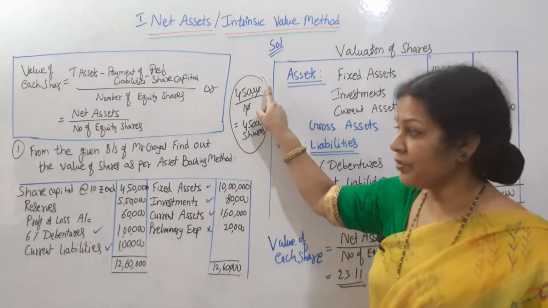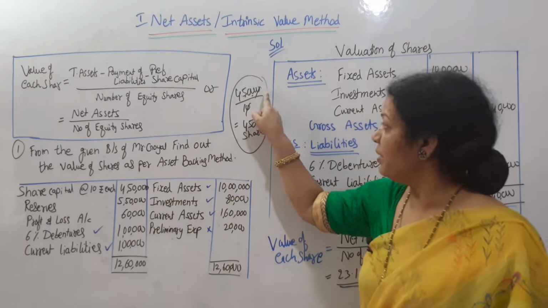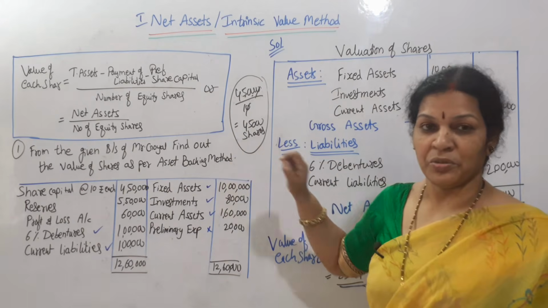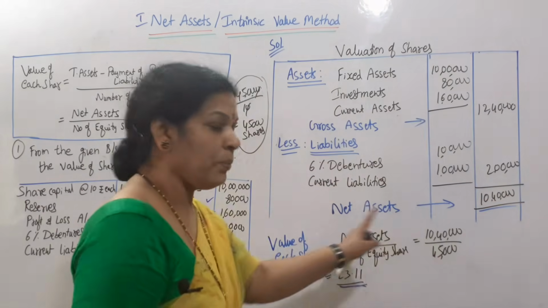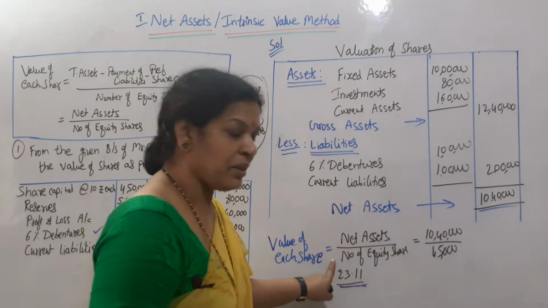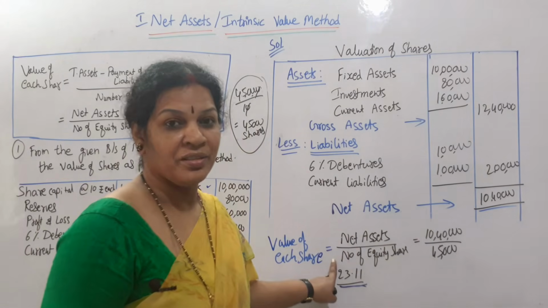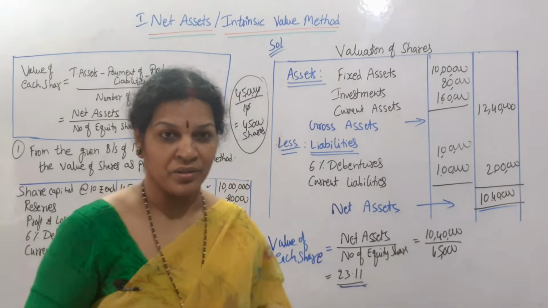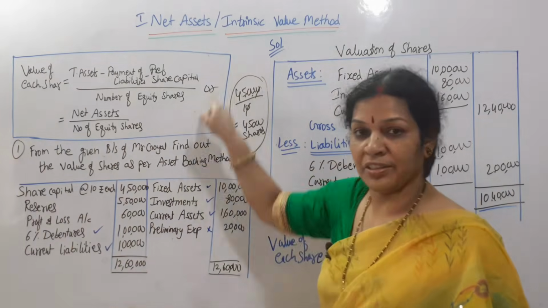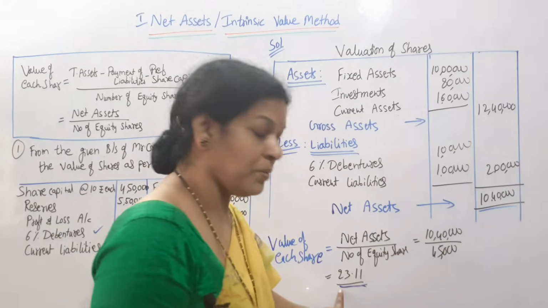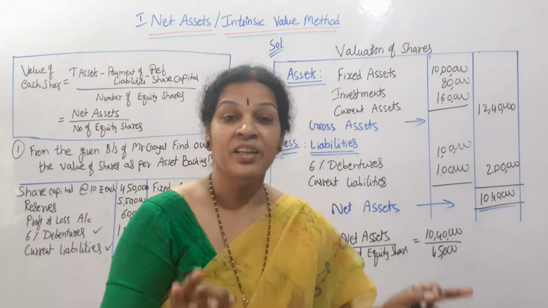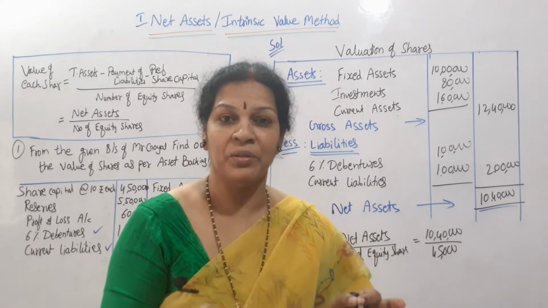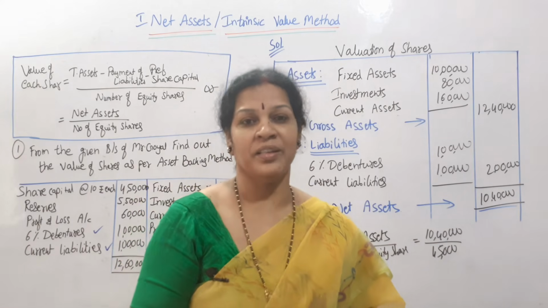Value of this share capital divided by per share value, total number of shares, you got it. Now we have put it in the formula, net assets divided by number of equity shares. Net assets 10,40,000, number of equity shares 45,000, as we have calculated here. So you got 23.11 as the per share value as per the net asset method.